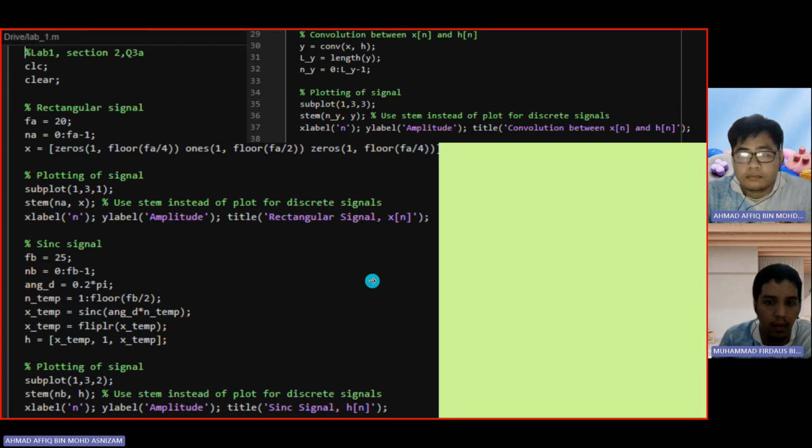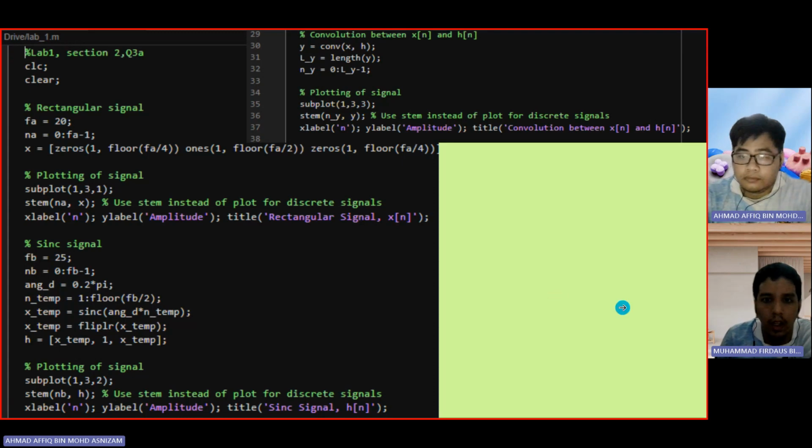And number 3 is the convolution between Sn and Hn, which gives Yn. The code performs convolution between the rectangular signal Sn and the sine signal Hn, resulting in a new signal Yn. The length and sample indices of the convolved signal are determined, and the result is plotted in the third subplot.